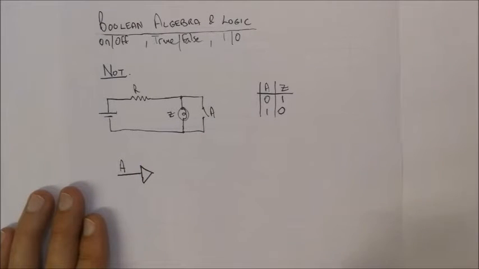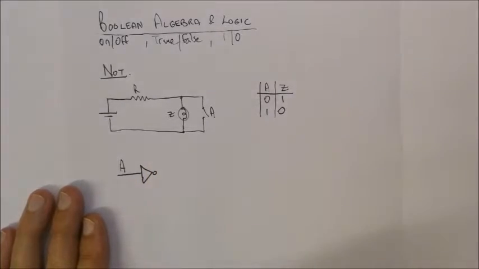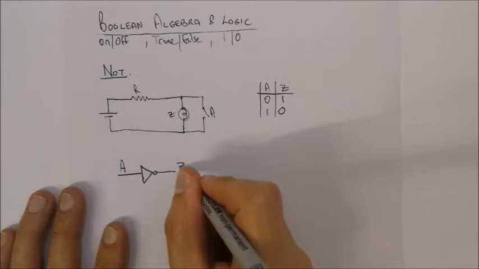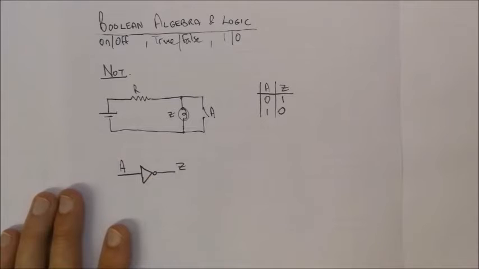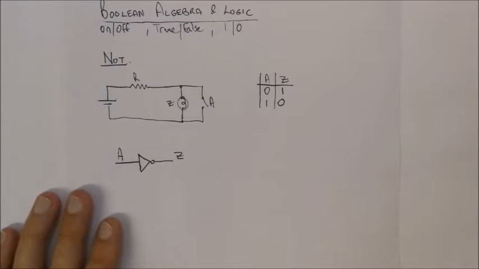That's known as a buffer. So whatever comes in goes out. There's a little circle over there, and that circle represents the NOT, the inverted value. And then you've got the output Z. Okay, so that symbol is something we're going to be using when we do circuit diagrams for these logic systems.